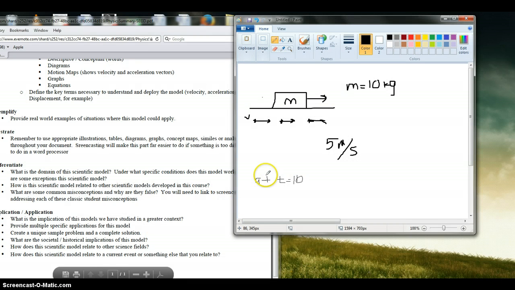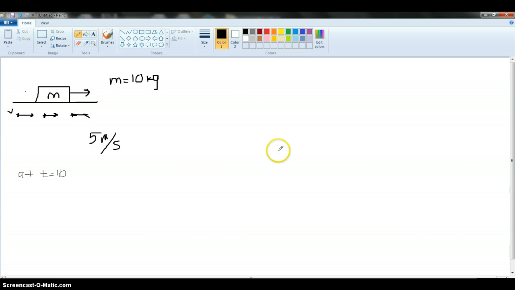So now here is a problem that I think would be pretty helpful just to understand the basics of constant velocity. We've got a block sliding to the right with a mass of 10 kilograms. That's not really important. What's important is that it travels at a constant velocity of 5 meters per second.